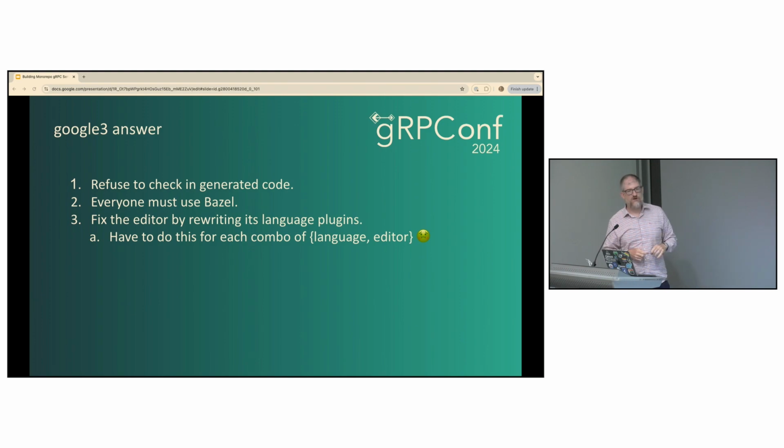And also the editor, to get rid of all those squiggles, that's easy to solve. All we have to do is rewrite all of the editors in all of the languages, essentially, to understand where those files now are. Because the editor has a plugin, and the plugin is doing some sort of resolution logic, and if we just amend that resolution logic, surely we can get it to look in this obscure place that Bazel has put the files. Gross. And if you're Google, you can afford to do this.